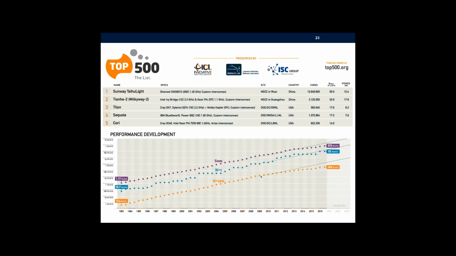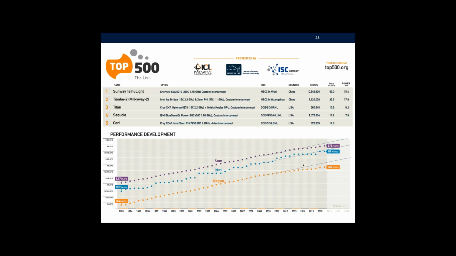So about 6 to 8 years, the number one machine becomes number 500. And if you add another 6 to 10 years, that number 500 machine power, you will have it in your desktop.